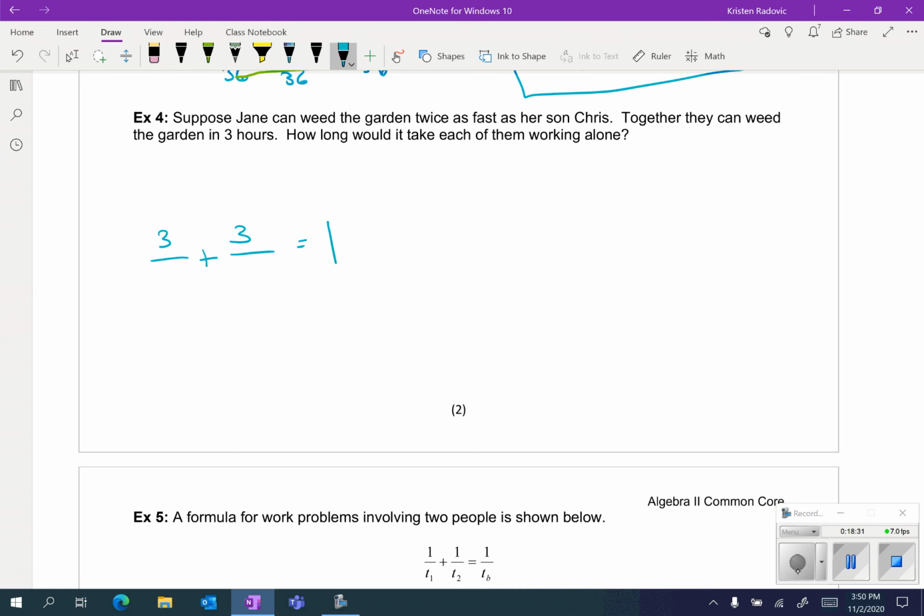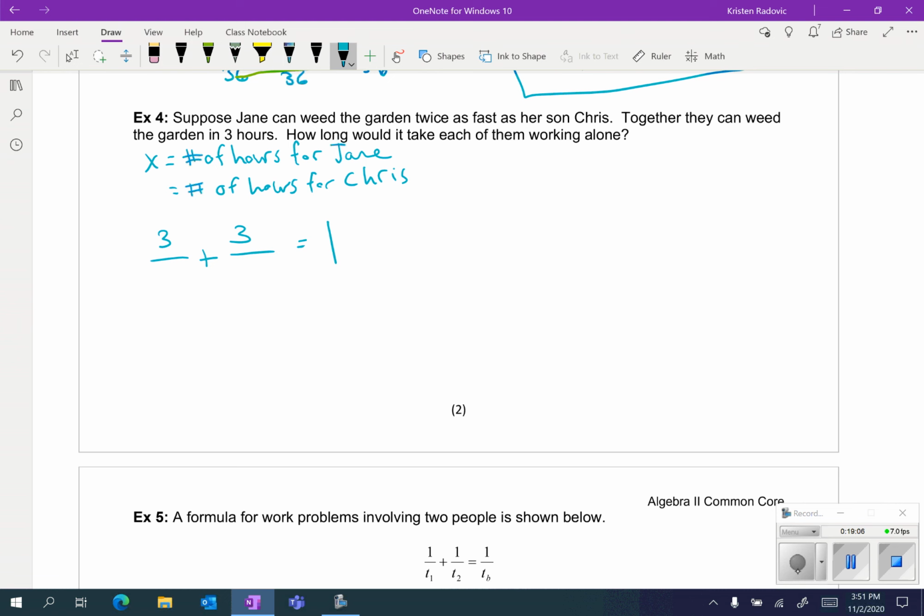So if you have Jane, right? Let's say let x equal the number of hours for Jane. Now, if Jane is twice as fast as Chris, then that means that Chris takes 2 times longer, right?